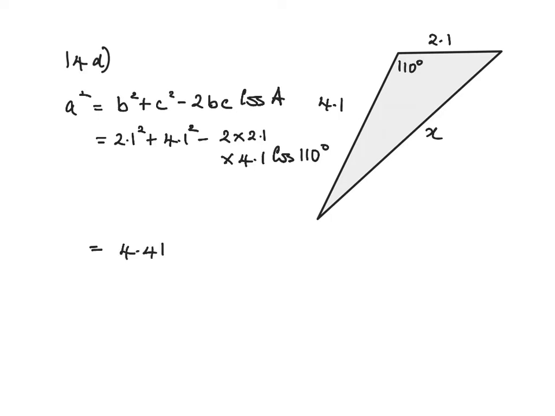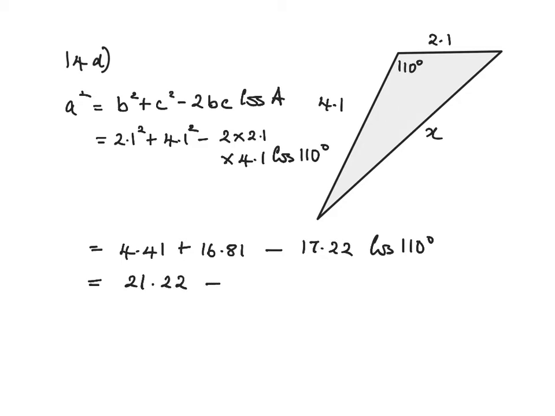4.41 plus 16.81 is 17.22... 21.22 minus.